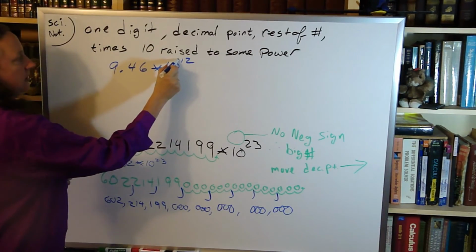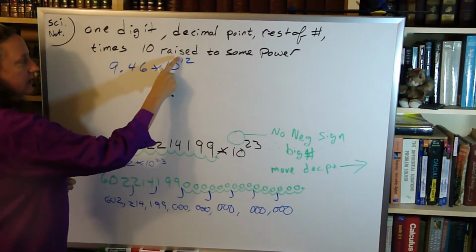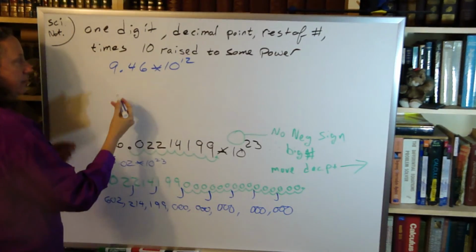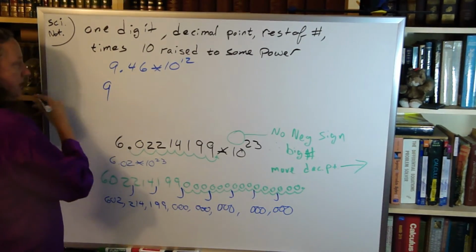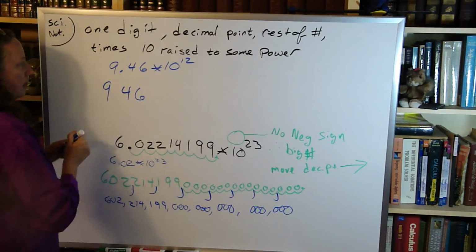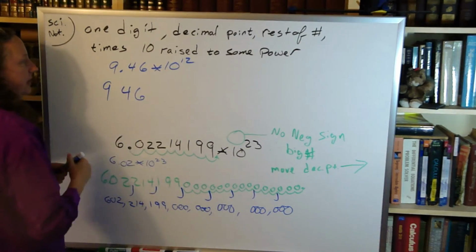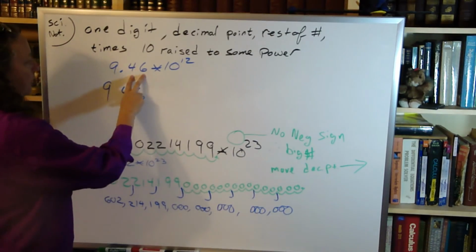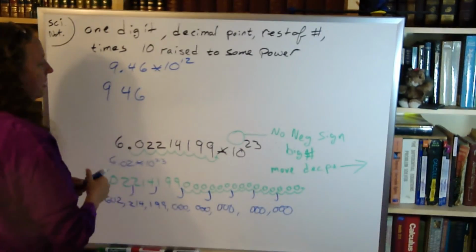I see no negative sign up here, so I know this is going to be a big number, so I'm starting my number out on the left. I need to move my decimal point 12 places. I moved it 2 there, I need to move it 10 more.